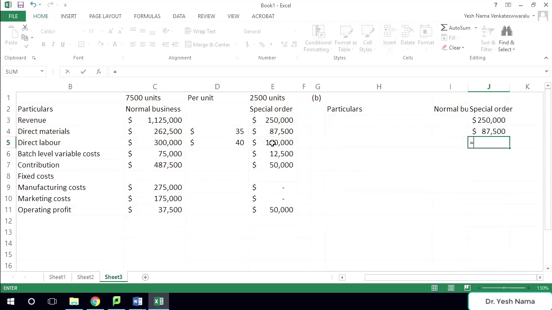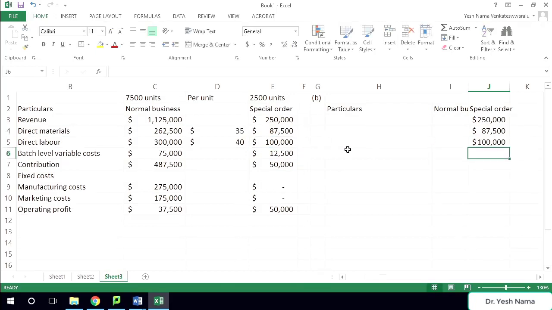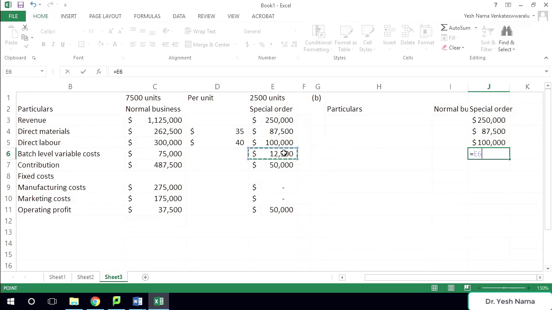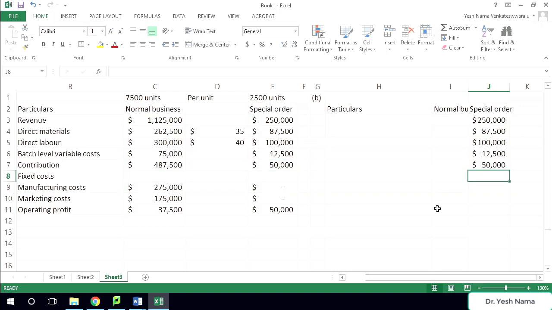Labor cost will be 100,000 for the special order. Batch level cost will be 12,500. Contribution will be this. So there is no difference in this bit if we accept the special order. So essentially all these numbers will still be the same.